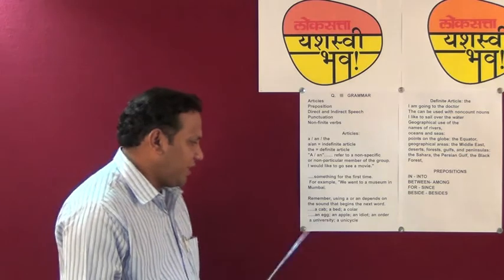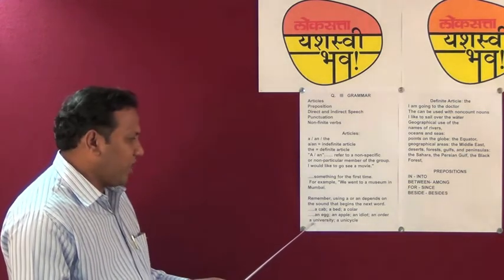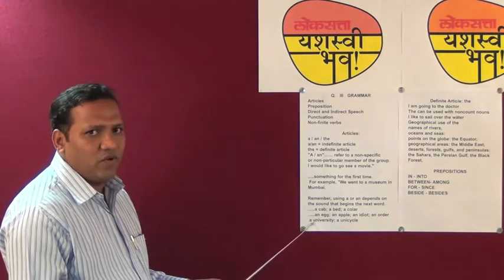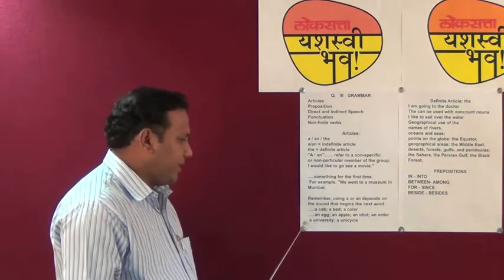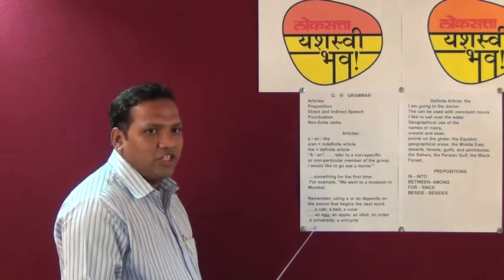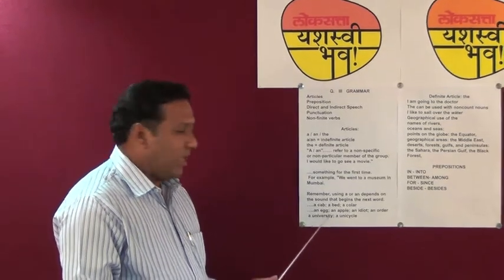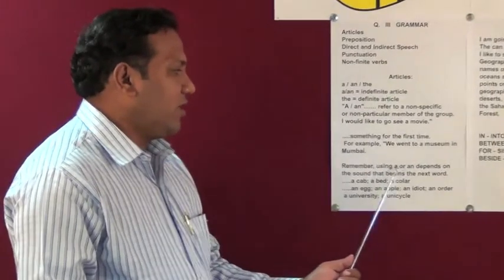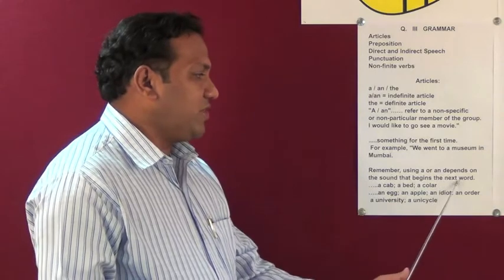In contrast, here you can see a university. Here we pronounce U, and even though it is a vowel, the article placed is a. The exact difference is that it is pronounced as university. U sounds like Y. University. That's why always remember that using a or an depends on the sound that begins the next word.